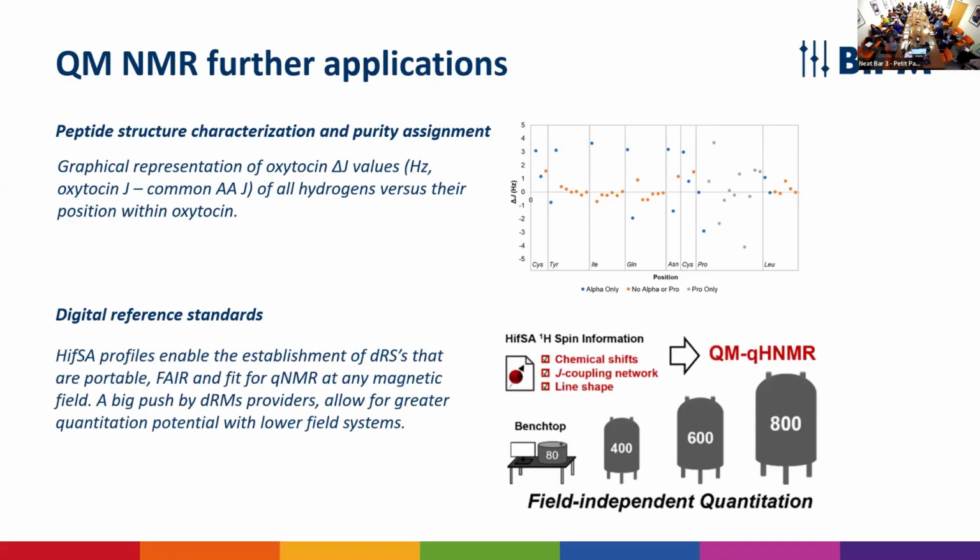And then something that goes more to what Bruno was discussing about external references is looking at potentially digital reference standards. So I know there's Hemi's twin, which Merck is pushing a bit more now. I think they released it last year to users, and they're looking at 19F as well, potentially. But what this does, with the qNMR, is allow field-independent quantitation through the DRMs that are being provided by different providers.